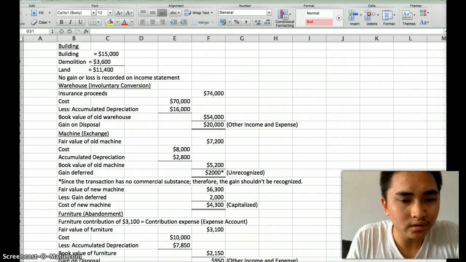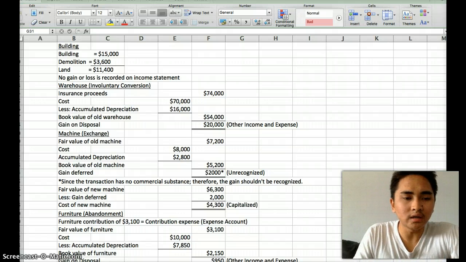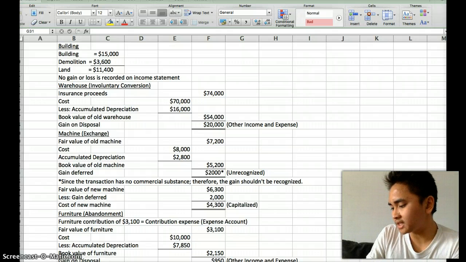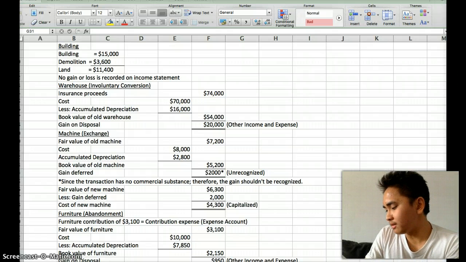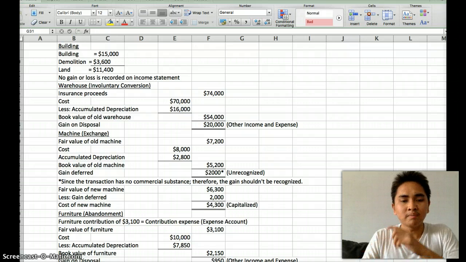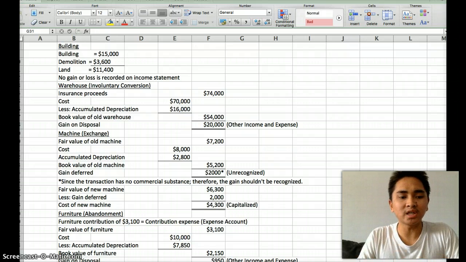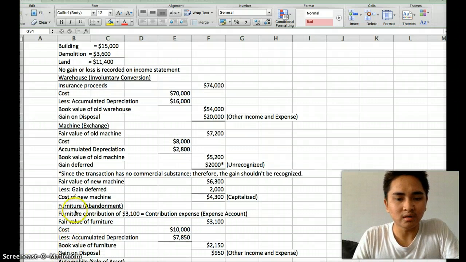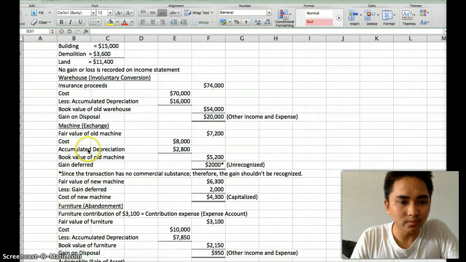The next transaction is the exchange of machinery. On December 26th, the machine was exchanged for another machine having a fair value of $6,300, and cash of $900 was received. It states here the exchange lacks commercial substance, which means that any gain is not recognized within the income statement or other account.